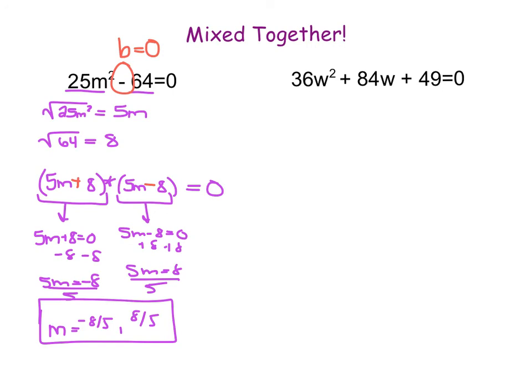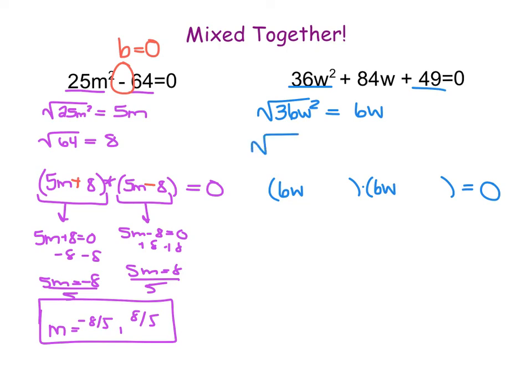Okay, example 2. What I notice here is that I have perfect squares in 36w squared and 49. And what that tells me is I'm going to use one of my special strategies to help me factor that. So I square root the a value of 36w squared, which becomes 6w, and that goes in the first part of our parentheses.